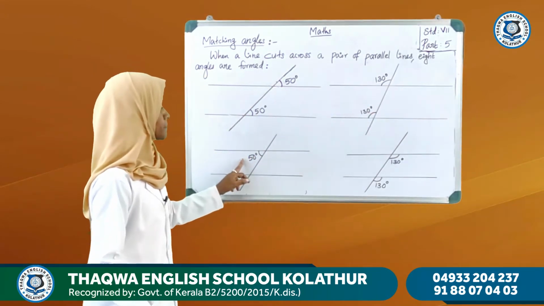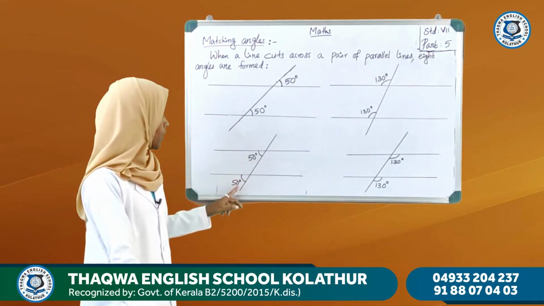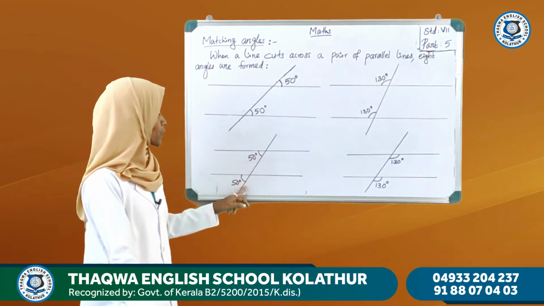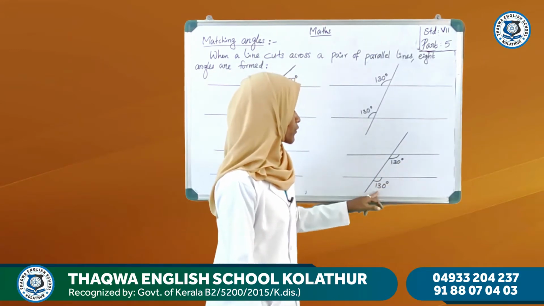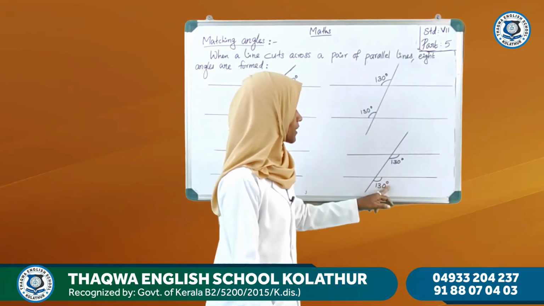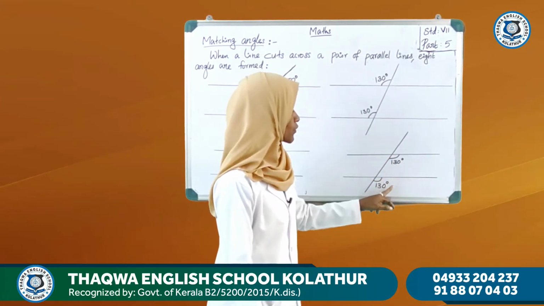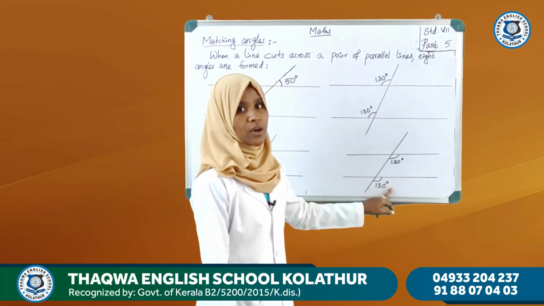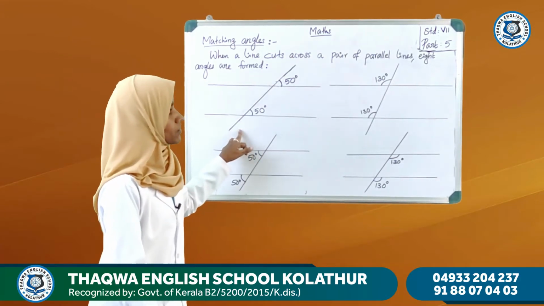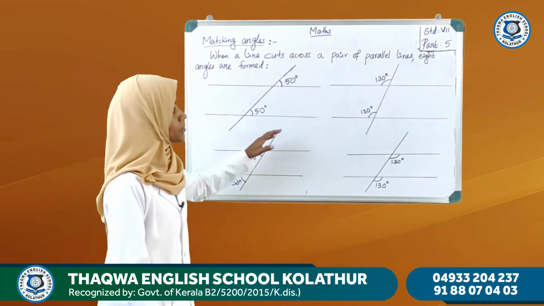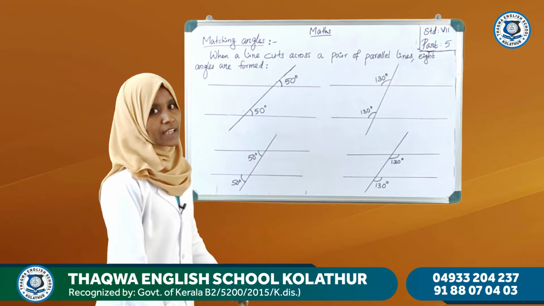Here, bottom of the horizontal line and left of the slanted line. In this case, below the horizontal line and right of the slanted line. In such pairing, angles in similar positions, this pair of angles are called corresponding angles.